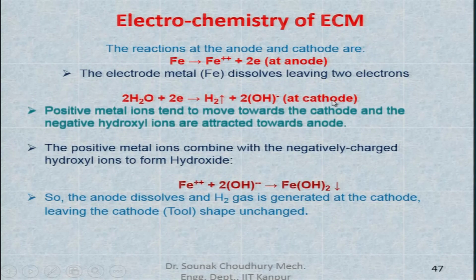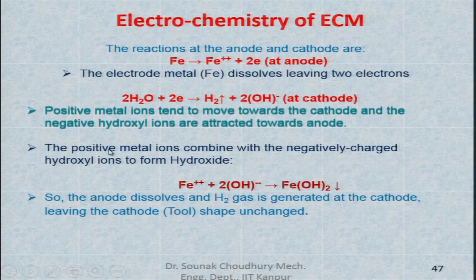That is what is written: the positive metal ions tend to move towards the cathode, and the negative hydroxyl ions are attracted towards the anode.